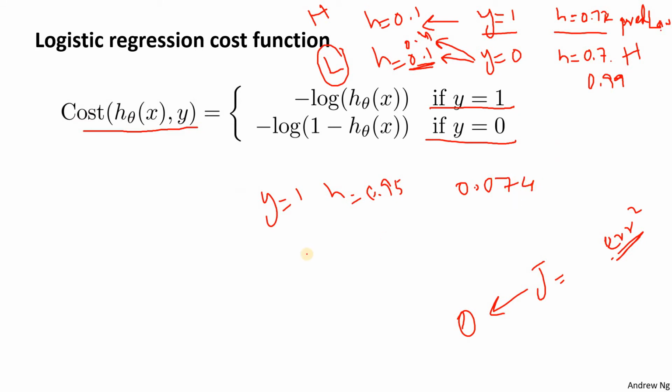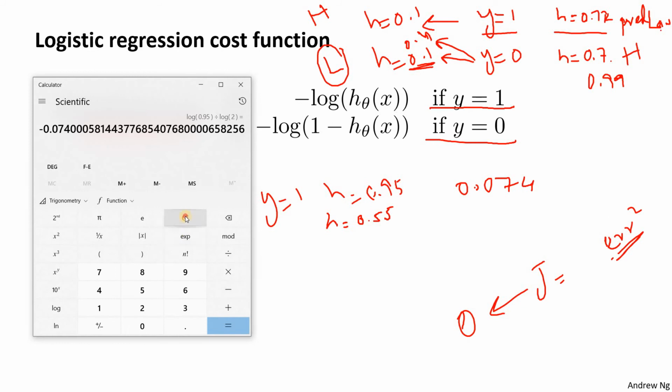Now I give you another example. Y is 1 and my prediction is still class 1, but it is 0.55. In that case, what will happen? Again, I put the h value over here, 0.55, and then I take the log of this value.